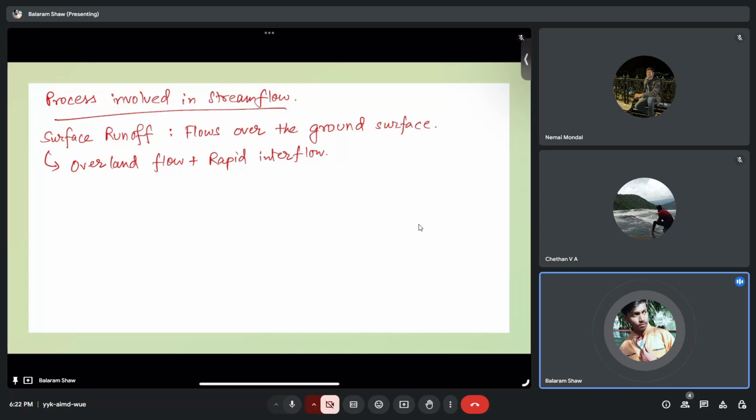As I mentioned, base flow also gives its inputs to the stream flow.